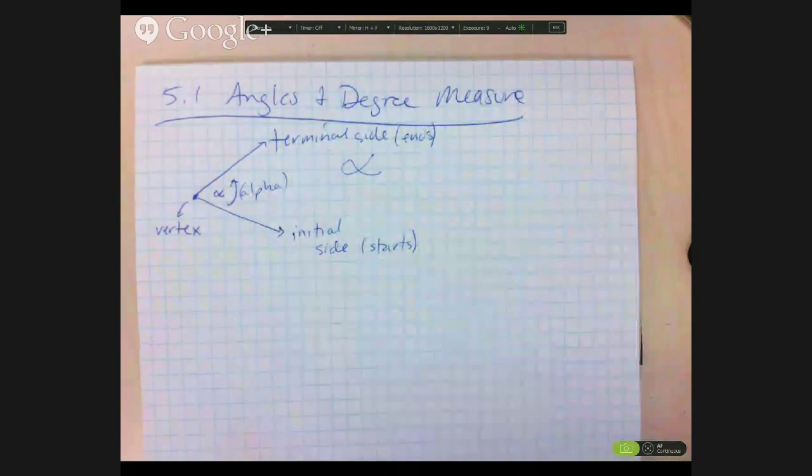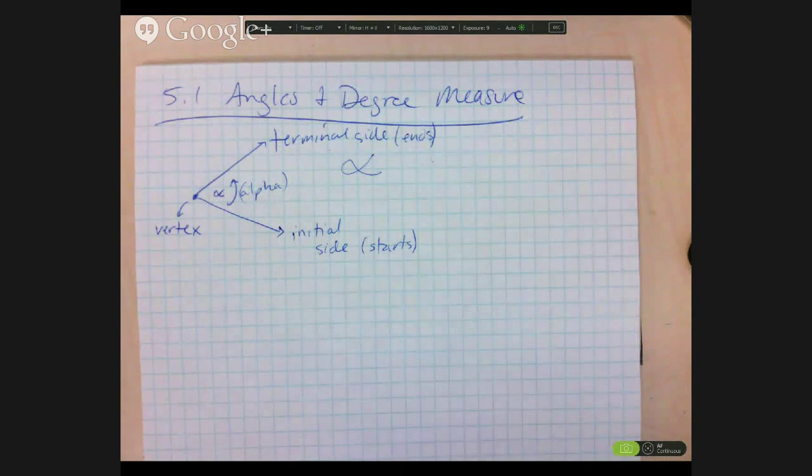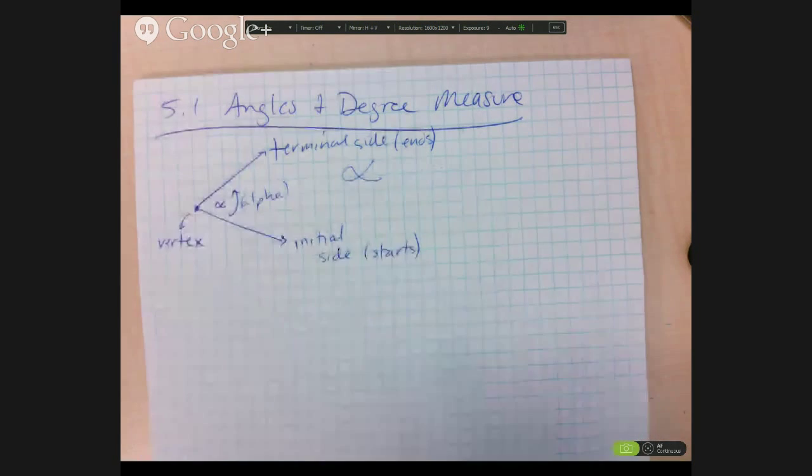Again, vocab. You know how to measure angles, right? Here's the change that you're going to see a little bit.